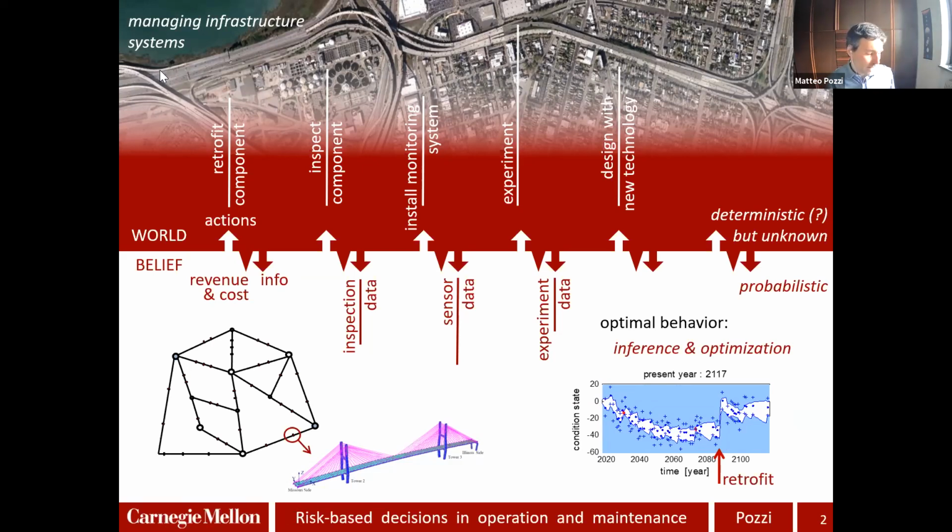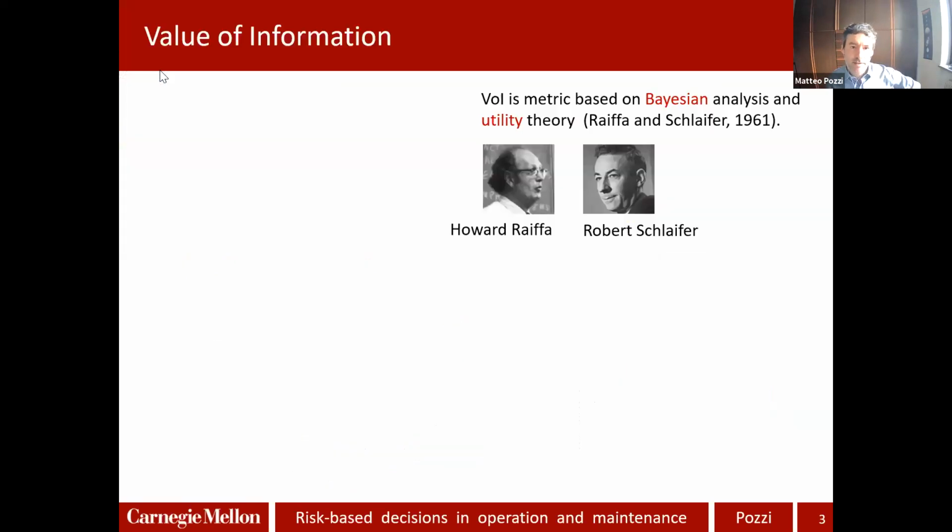In this, and in planning for exploratory action, as Professor Faber says, a key concept is that of value of information, that is also mentioned in Professor Faber's slides, and is related to the seminal work of Raiffa and Schlaifer from the early 60s.